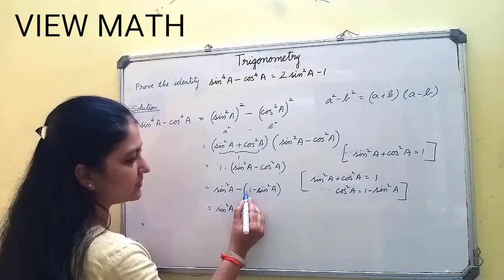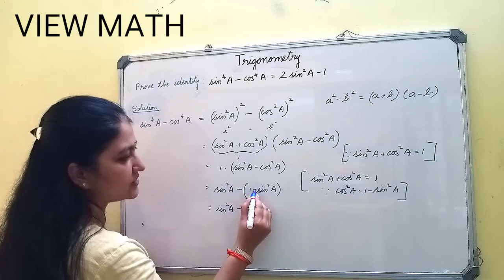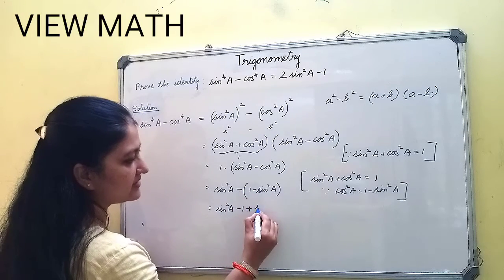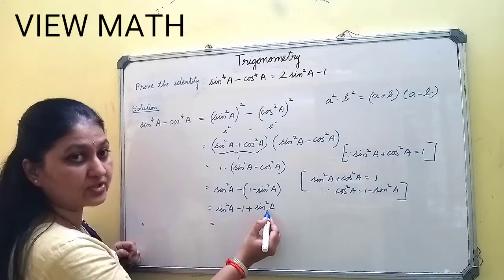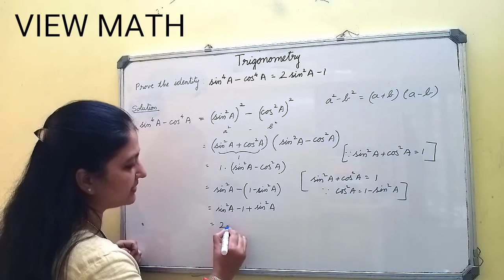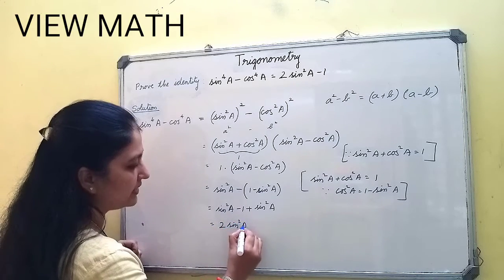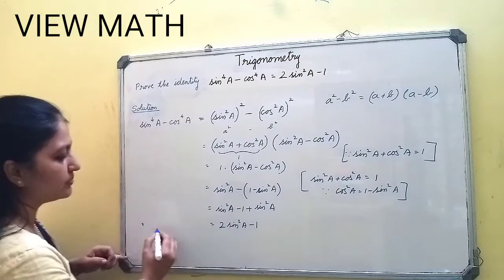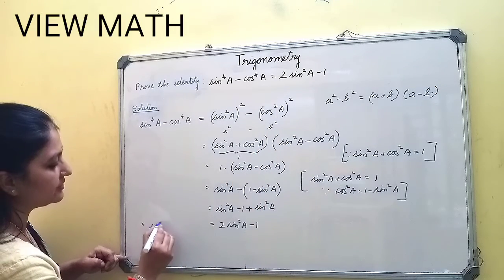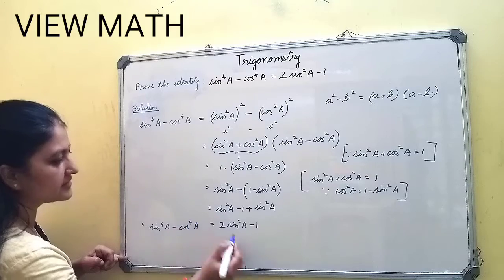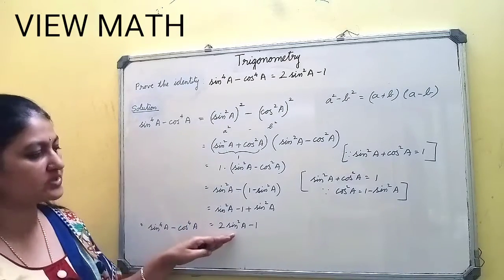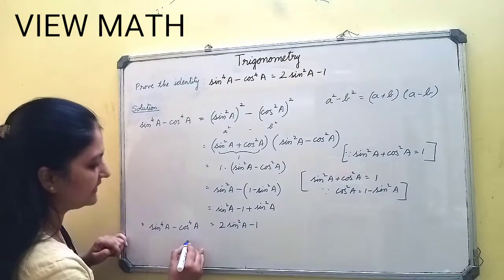So minus into plus is minus 1, minus into minus is plus sin square. So this is equal to sin square A, here 1 sin square A is there, so 2 sin square A minus 1. Have proved it. Therefore sin power 4A minus cos power 4A is equal to 2 sin square A minus 1. Hence proved.